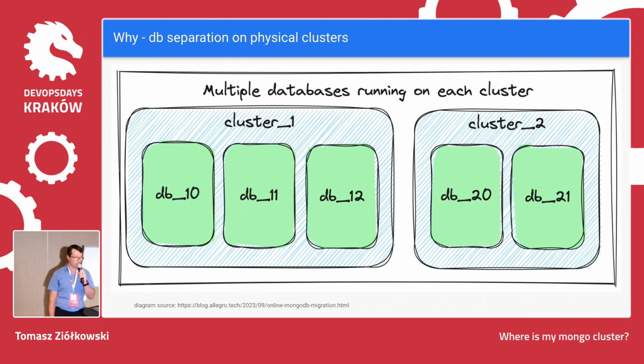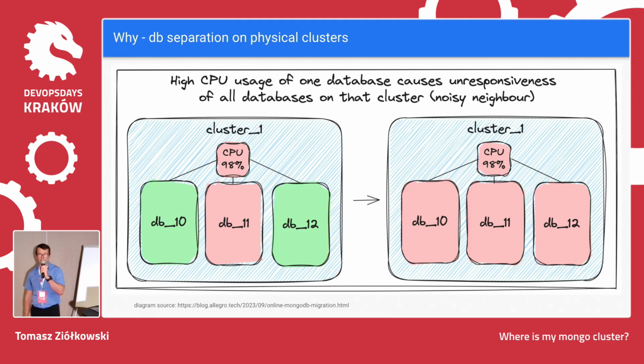And in such a configuration, there was one problem with isolation. If one of the clients overuses his own database, it causes the noisy neighbor effect. So all databases were affected by one client who overused his own database.